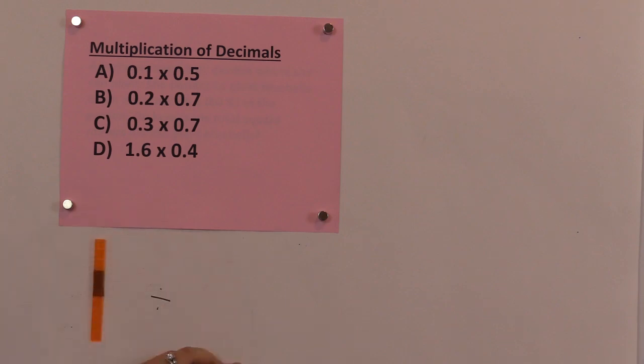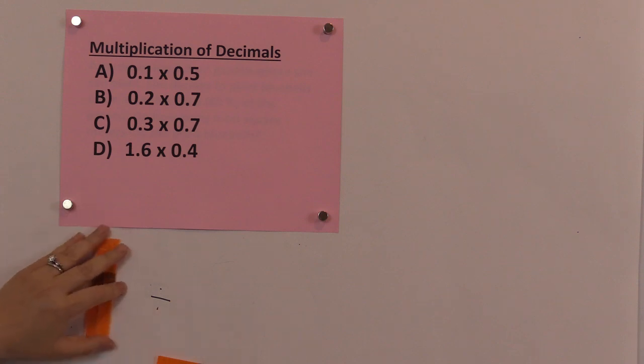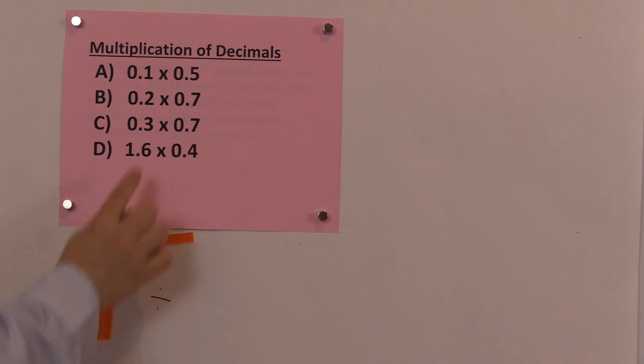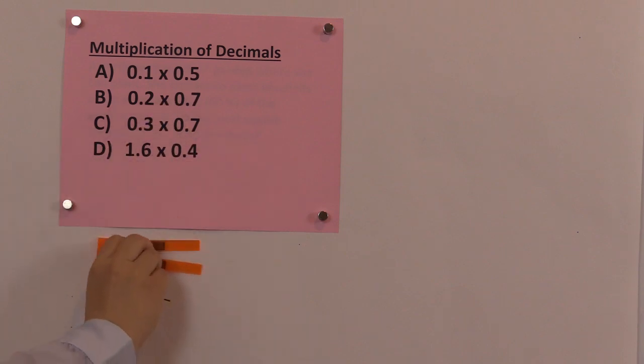What about the second one? I'm also gonna show you with picture blocks too. It's easy to see. So this is 2/10, right? So you have a base of 2/10. So you need to have a height of 7/10.